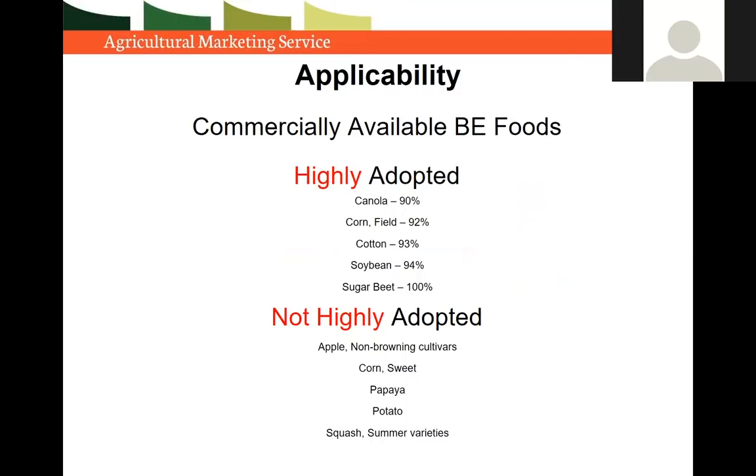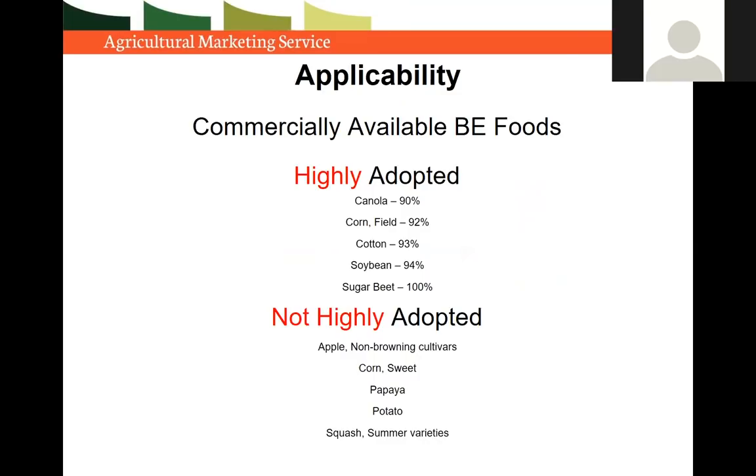The first list includes canola, field corn, cotton, soybean, and sugar beet. Proposed Section 66.1 would define this first list as one maintained by AMS and consists of commercially available BE foods that have an adoption rate of 85% or more in the United States as determined by the Economic Research Service or any successor agency.